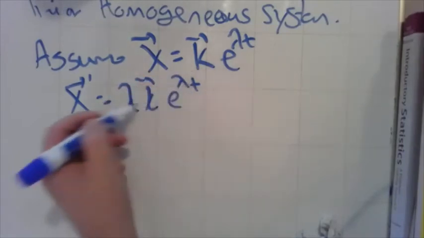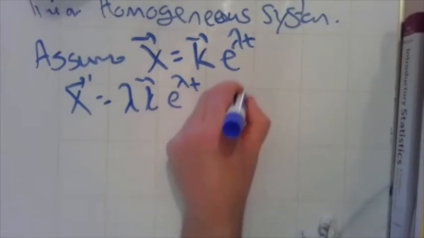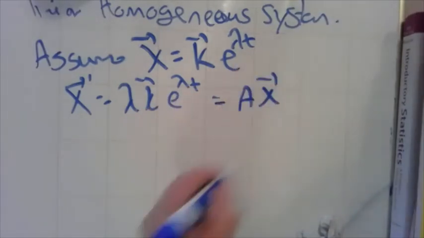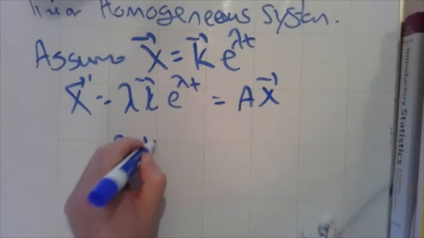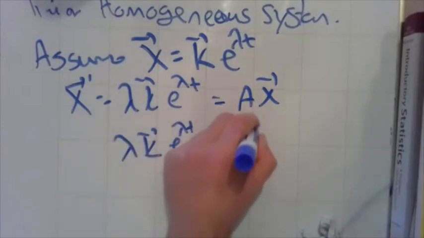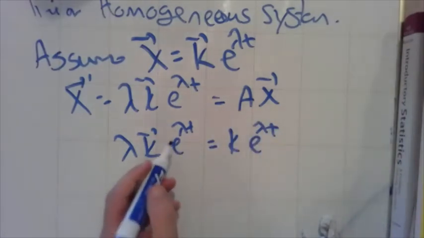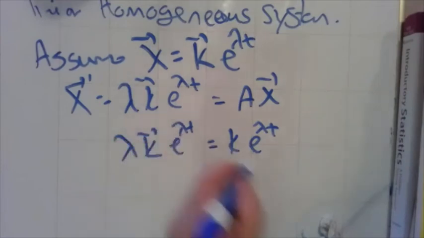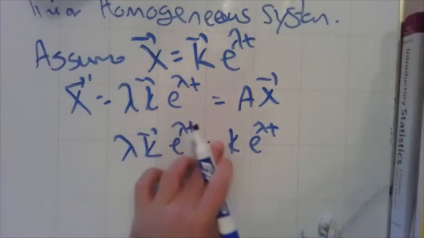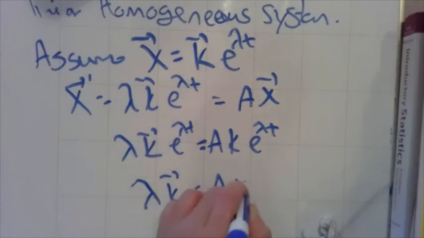Taking the derivative, the lambda just comes down. But this is supposed to equal A times our original. So we get lambda k e to the lambda t equals A k e to the lambda t. This must be true for all values of t. This guy is never equal to 0. Oh, I lost my A. So we get this equation: lambda k equals A k.